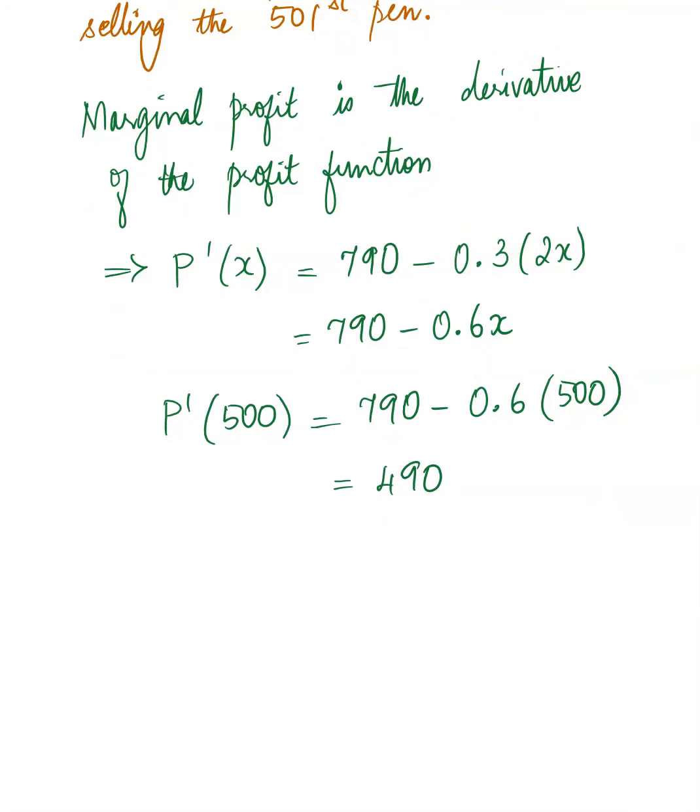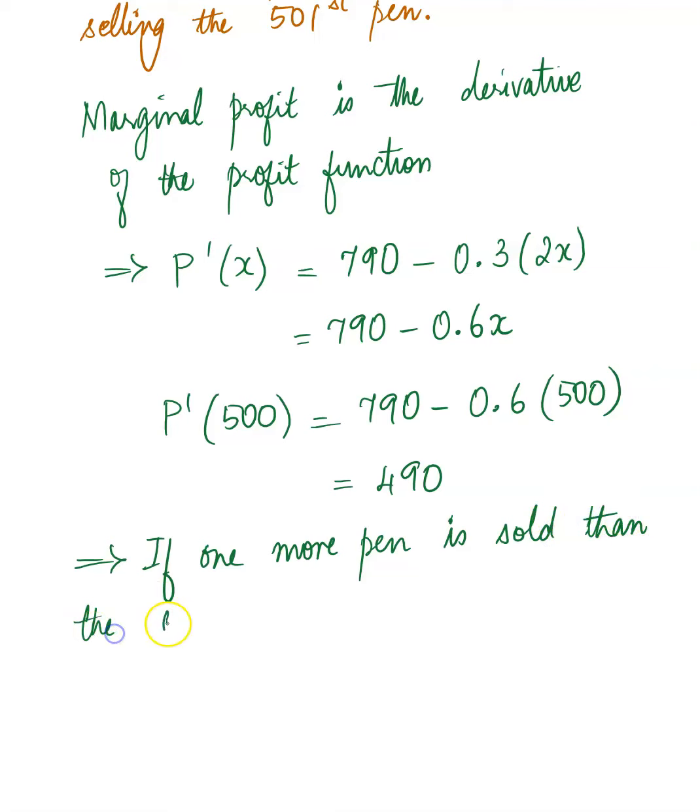So I'll interpret this. What this implies is, if one more pen is sold than the current 500 pens, the profit will increase, because it's positive 490.